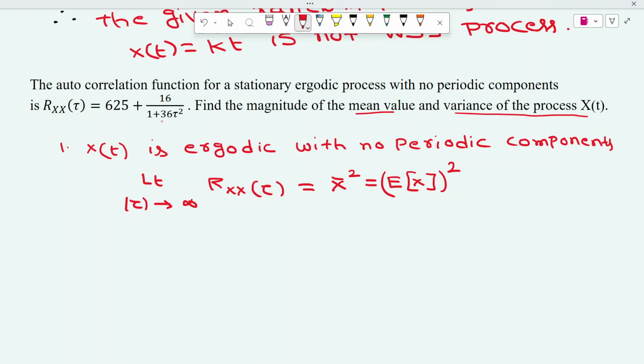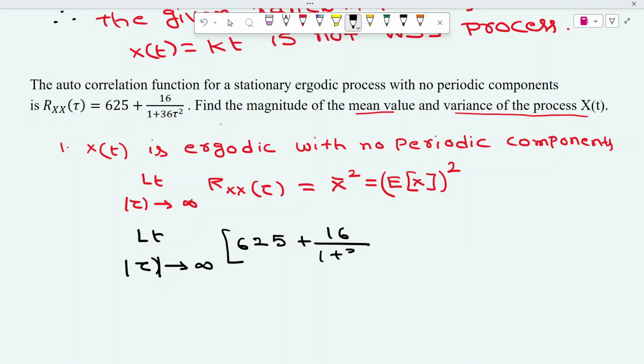Here the autocorrelation function is given, so we will substitute it here. Limit mod tau tends to infinity of Rxx of tau is nothing but 625 plus 16 by 1 plus 36 tau square.